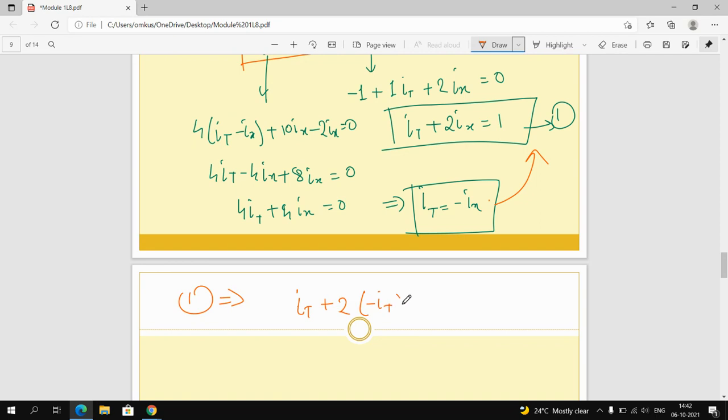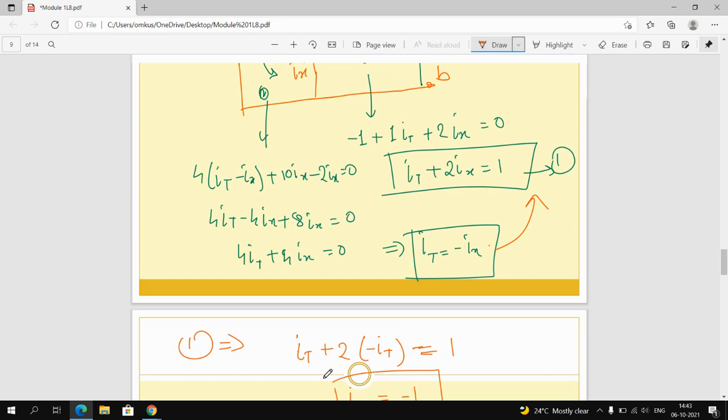So IX is minus IT, equal to 1. When you solve this, it is minus 2 IT. So IT is equal to 1 minus 2, which is minus 1, right? So this is a minus 1. I hope this is clear.